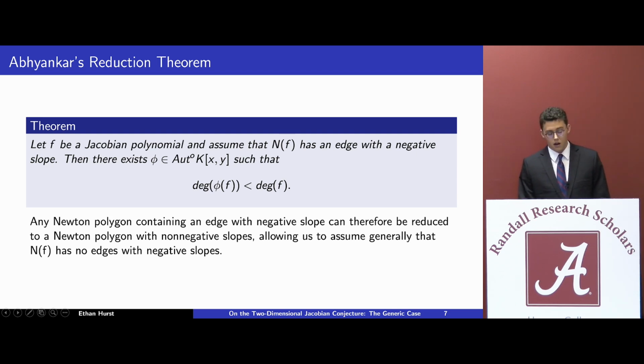So phi is an automorphism, which means it's taking an algebraic structure and allowing us to simplify it, because the systems are considered equivalent under the automorphism. So this allows us to greatly reduce the complexity of the problems we are looking at in the two-dimensional case.